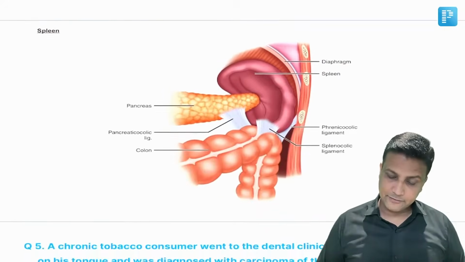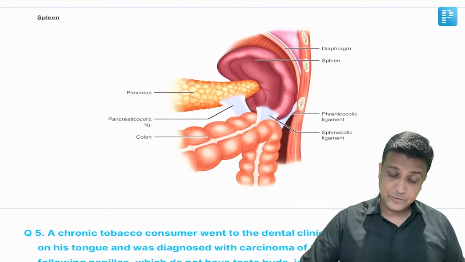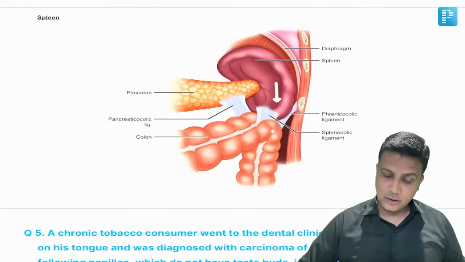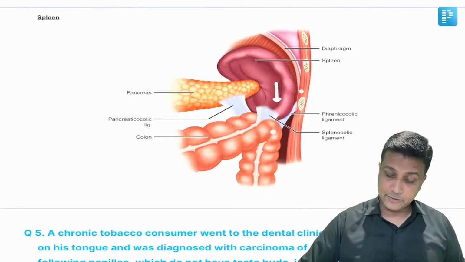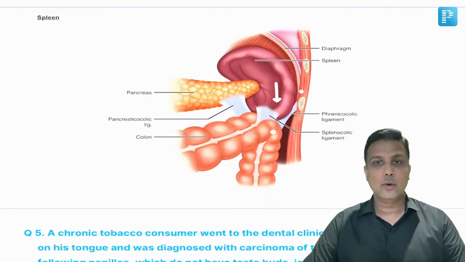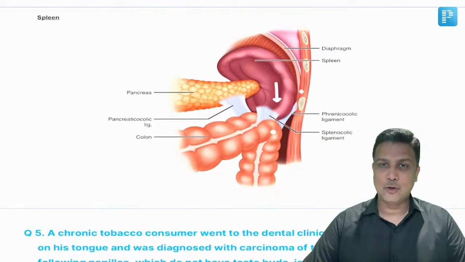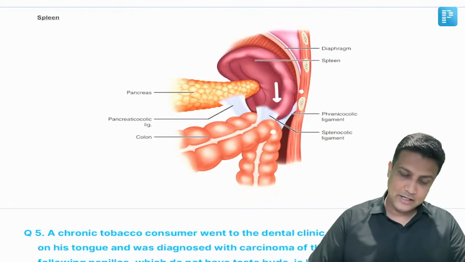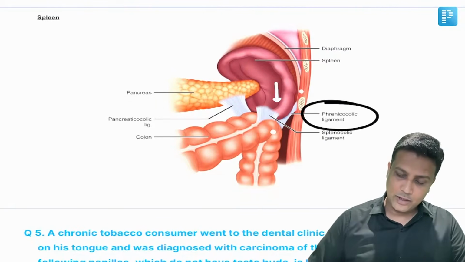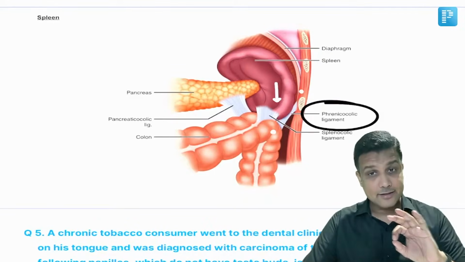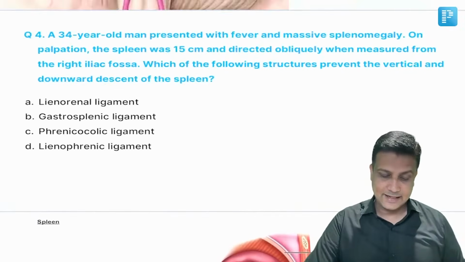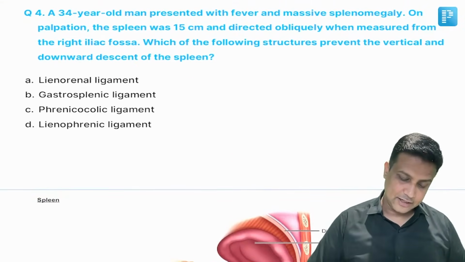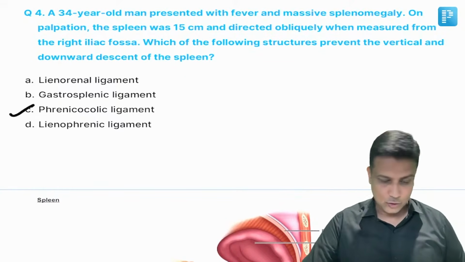Please remember, the vertical and downward displacement of the spleen is prevented by the ligament between the colon and the diaphragm. For diaphragm we use the word phrenic, and for colon, colic: the phrenicocolic ligament. So the correct answer here is the phrenicocolic ligament.